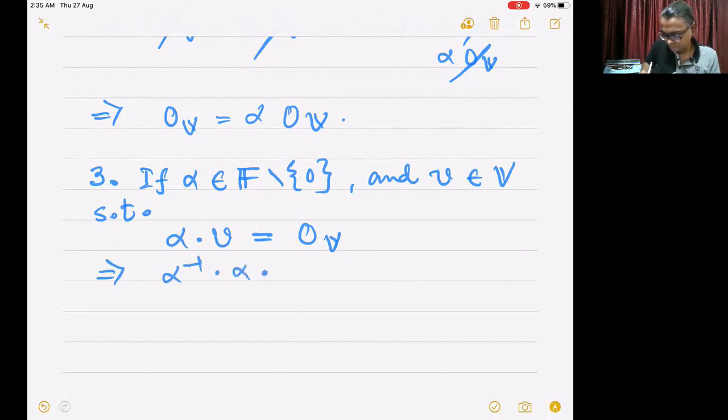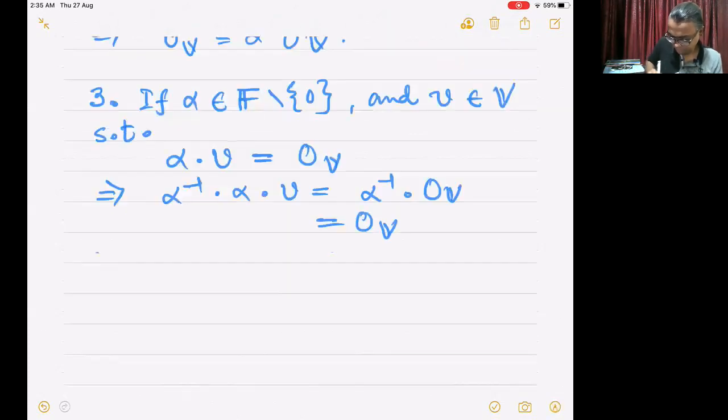Alpha v is also equal to alpha inverse times 0v, but we have already seen that such things always produce the 0 vector. This associativity tells me that this is the identity, this is 1, and remember one of the axioms says that 1 times v is v, so v must be equal to 0 in V.